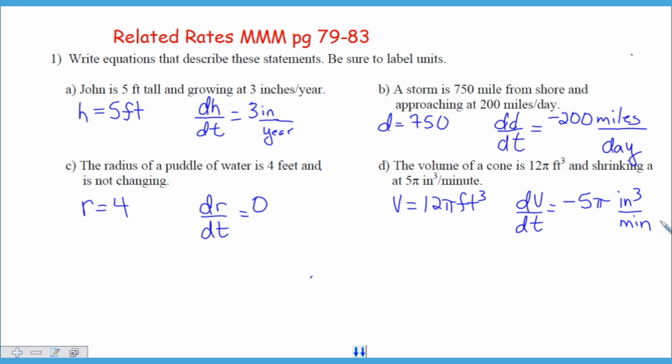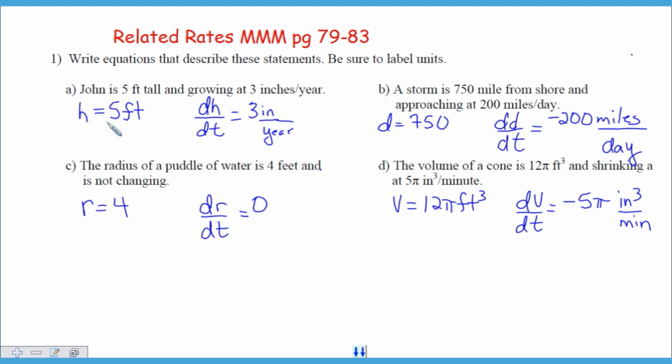Okay? So those are the kind of little different things that are new to you. You hadn't really worked with converting statements into symbols like this. So let's take a look at one of these crazy problems.